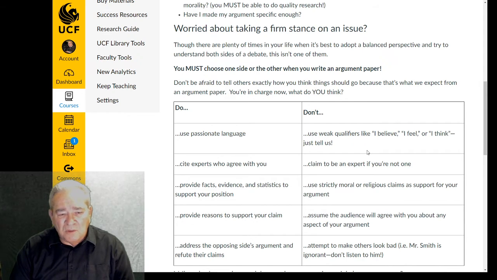You're not going to go to opinion websites. You want to go to sites that end in edu or org, a reliable professional organization, or you're going to use your library. But facts, evidence, and statistics, there's a reason why we talk about scientific research.